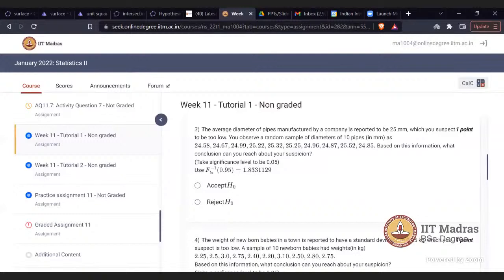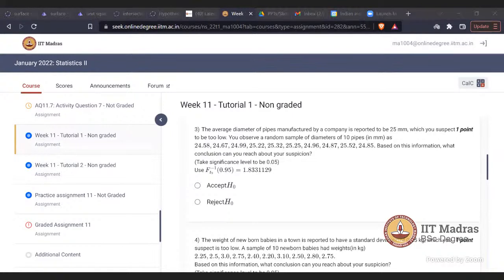Is it possible to sort that in some fashion, like first chi-square, then Z, then T? Sorry, can you repeat again? Is it possible to sort the chi-square values and Z values, like all the chi-square values first and all the Z values?